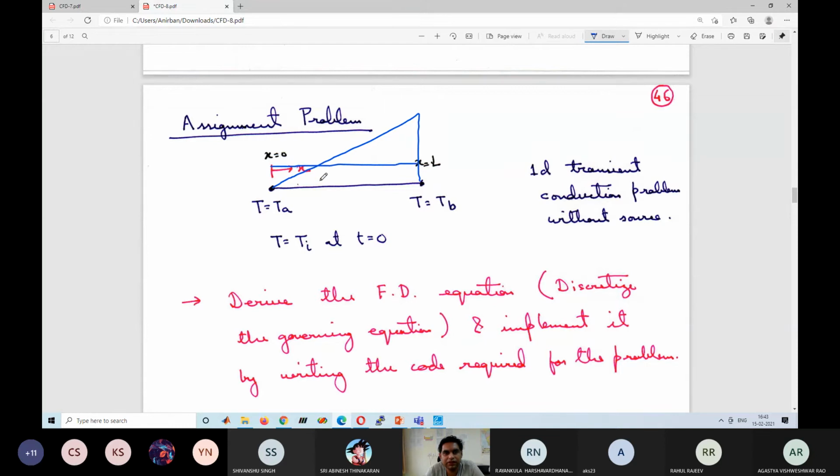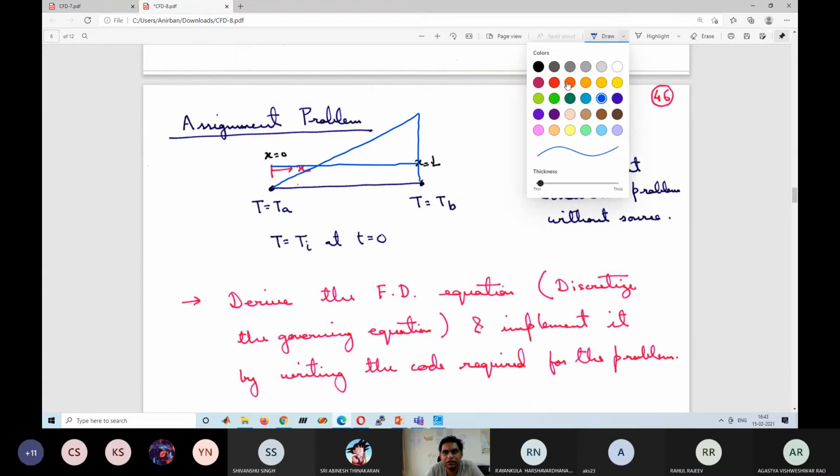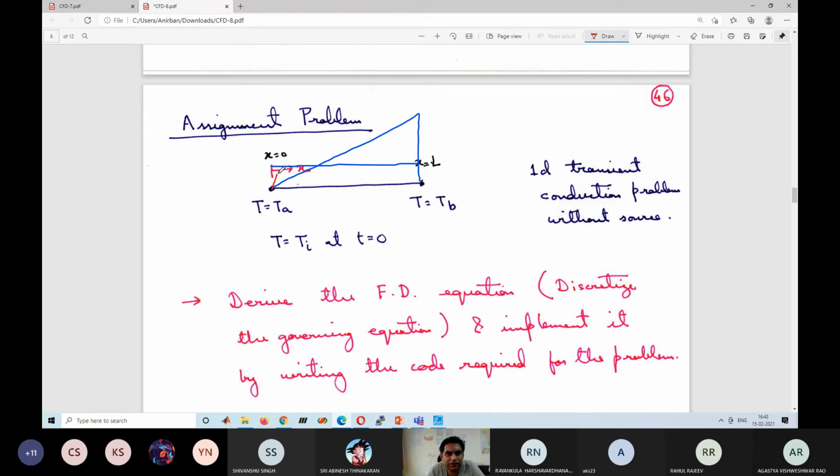So with time, how is the variation going to occur? After some time it will look like this. Boundary has to be at the boundary temperature, right? Something like this it will go.